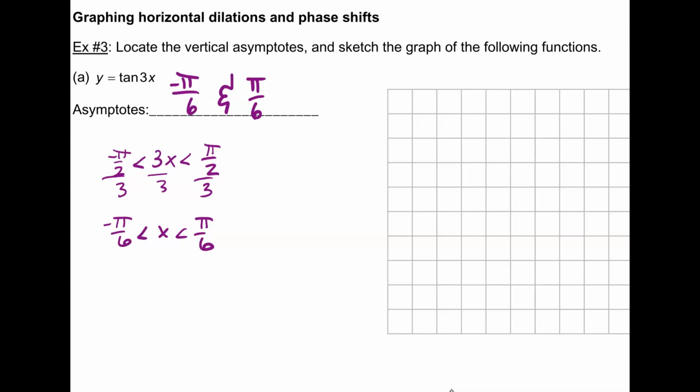Cool. So I'm going to just draw a line. We'll say this is negative pi over 6, and then 1, 2, 3, the fourth over is pi over 6. Okay, so step 2, draw your vertical asymptotes.